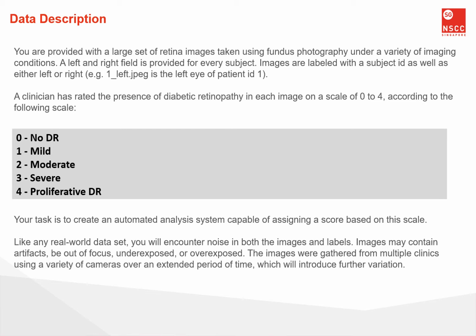And the class label assigned by the human clinician tells us whether this image belongs to a normal eye or there is a sign of this disease in different degrees of progress. So 0 being no retinopathy means a normal eye, 1 being mild, 2 being moderate, 3 being severe, and 4 being very severe.